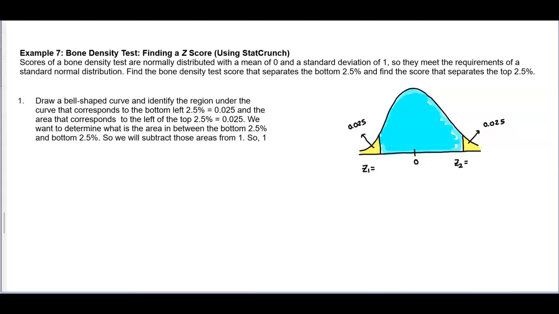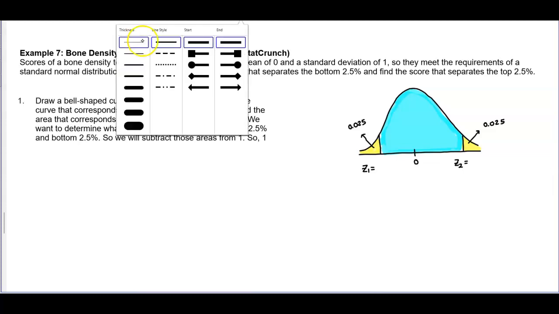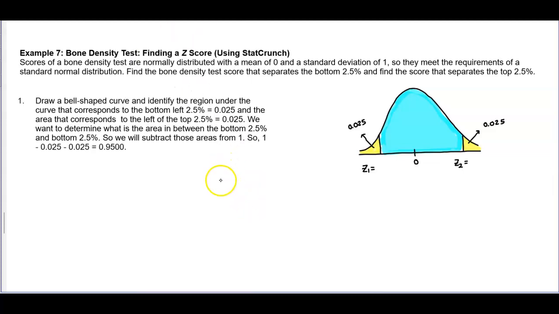So what we can do is subtract whatever is given from 1. So 1, we're going to subtract the area on the left, which is 0.025, and then subtract the area on the right, which is 0.025. That's the same thing as saying 1 minus 0.05. And that gives us a total area in the middle of 0.95, or 0.9500.